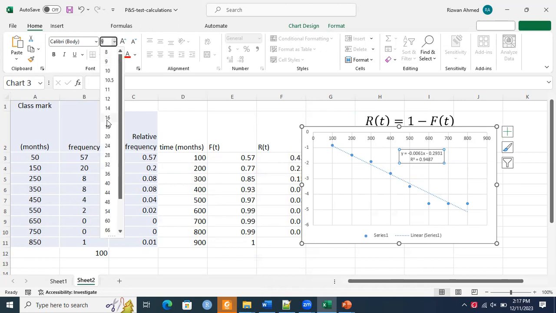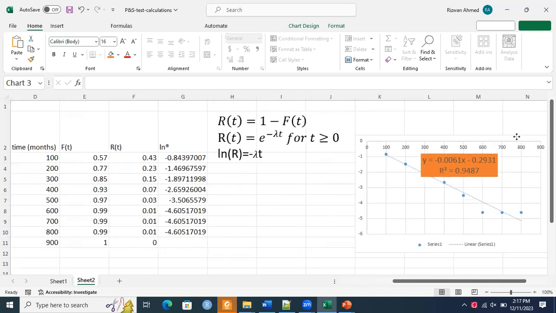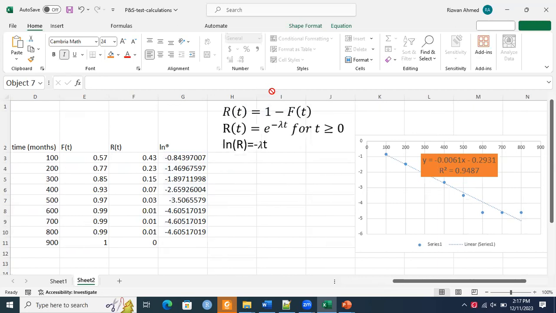Let me increase its font and give it a color so that it is visible. We find the r squared value is 0.94. An r squared value closer to 1 means the model is close to a perfect model. So the lambda value is somewhere closer to 0.061.